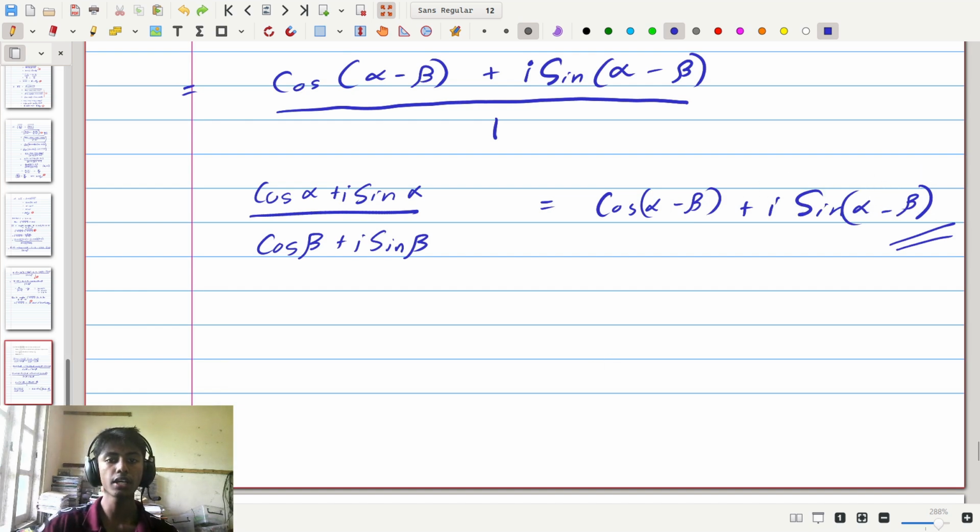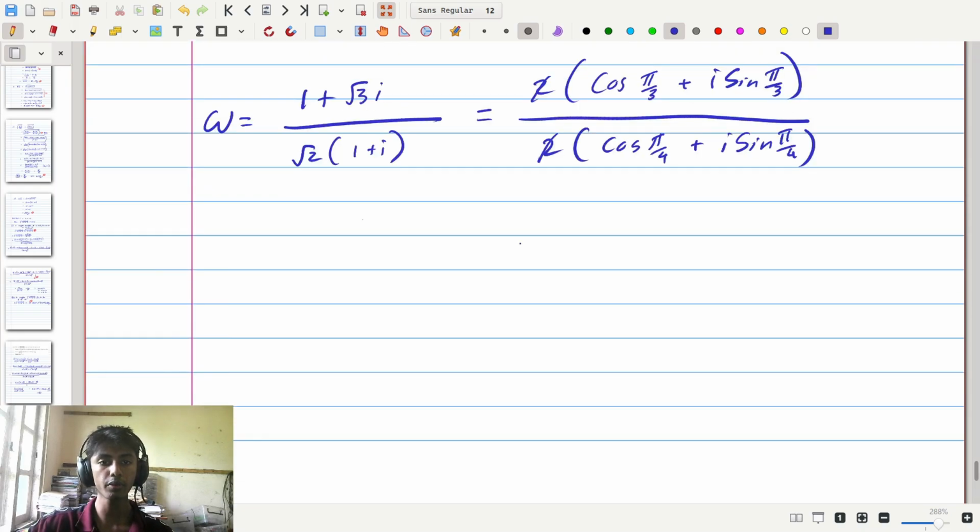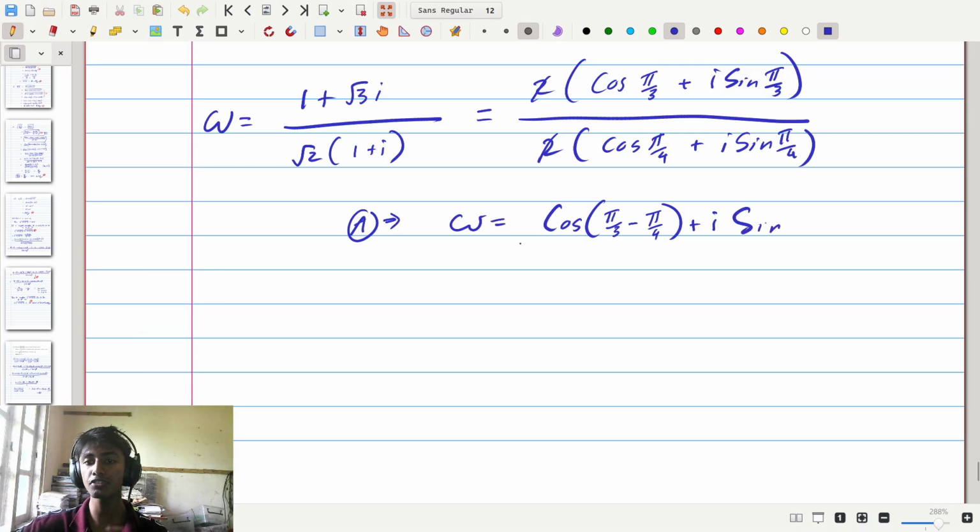So if we call this equation A, we can apply equation A and say that omega is equal to the cosine of the first angle minus the second angle, which is pi by 3 minus pi by 4, plus i times the sine of the first angle, which is pi by 3, minus the second angle, which is pi by 4.